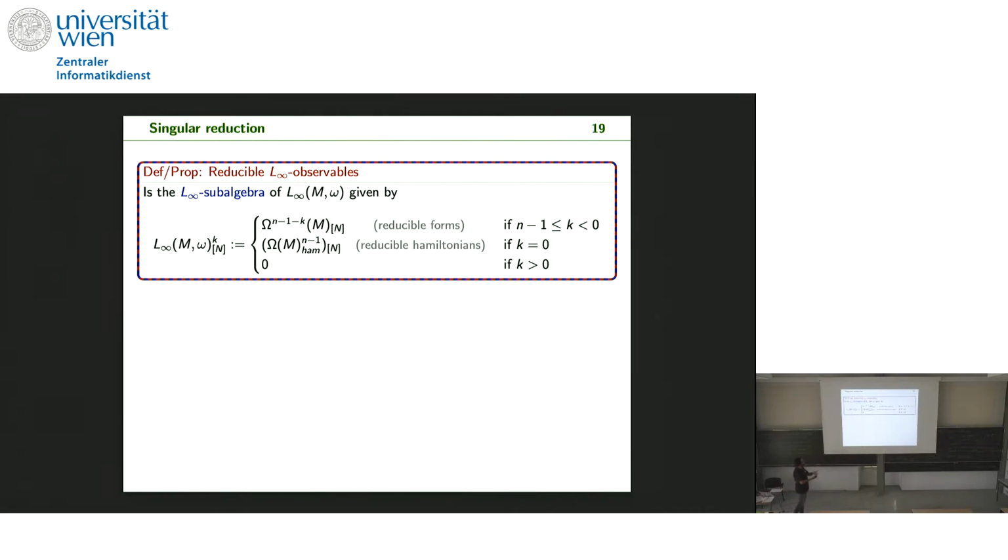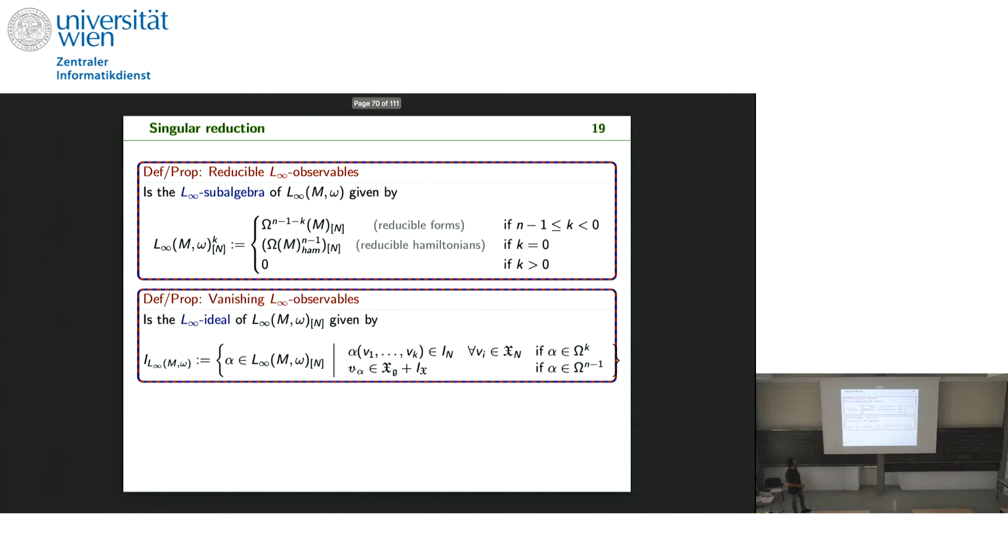Out of this data, we can construct an L-infinity algebra of reducible observables, simply by putting in degree 0 the reducible Hamiltonian forms and in the other degrees reducible forms, because if you remember, the L-infinity algebra of observables was a truncation of the de Rham complex, and here we are considering a subcomplex of this truncation consisting of differential forms that are reducible in our sense.